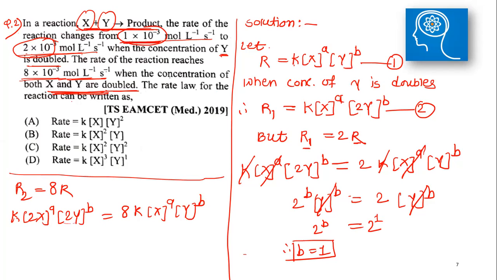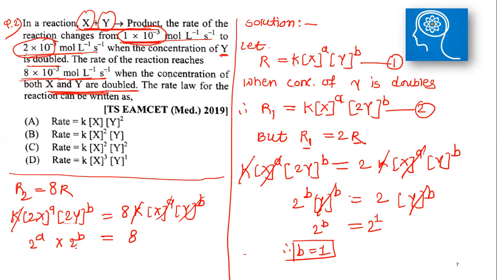आता परत एकदा k गेट कॅन्सल, x to the power a, x to the power a इथे राहील 2 to the power a मल्टिप्लाइड बाय इकडे राहील 2 to the power b, y to the power b, y to the power b कॅन्सल होईल. सो इट इज इक्वल टू 8. ओके, आता बघा, we know the value of b. Value of b is 1.